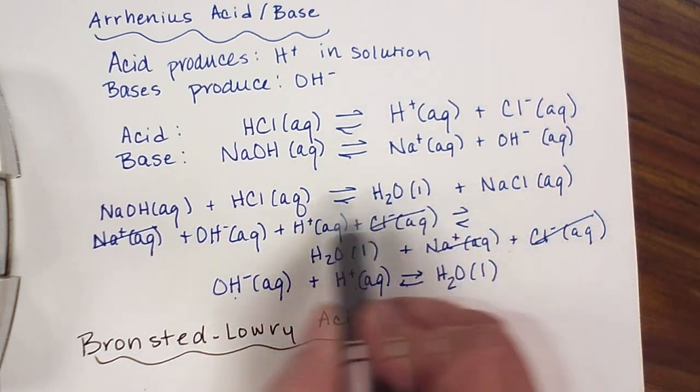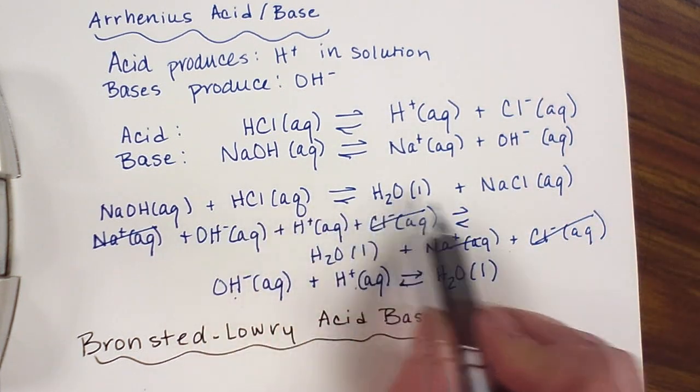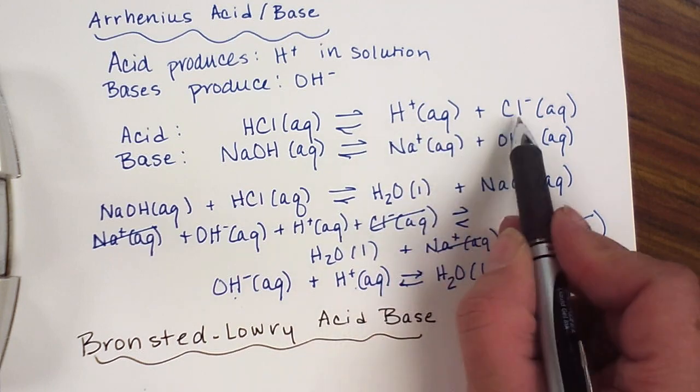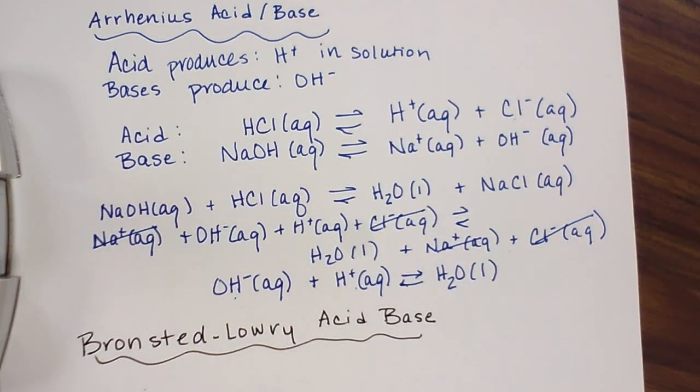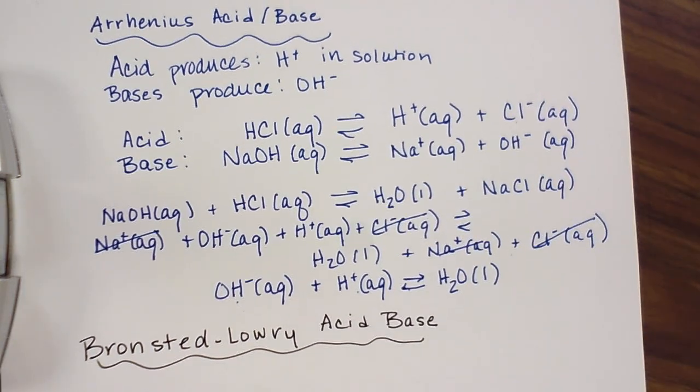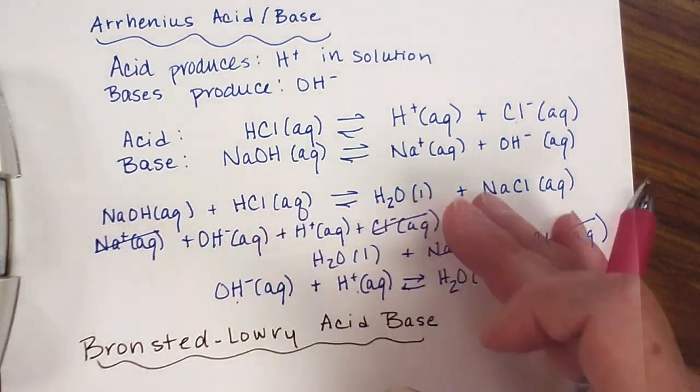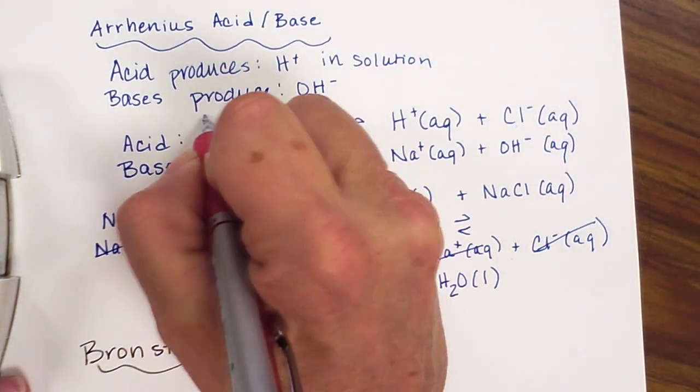All right, now before we move on, one more thing. If you were looking at hydrochloric acid and you were looking at the dissociation, a perfectly acceptable visualization of this dissociation would look like this.